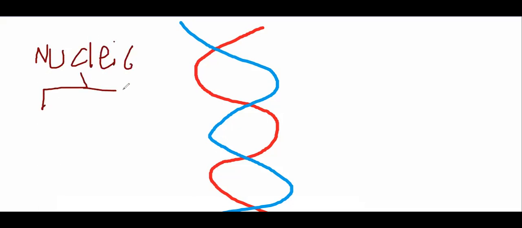Now we can look into the details of the molecular structure of DNA. Before going into the structure of the DNA, let us know what this DNA is. Nucleic acid is divided into two types, DNA and RNA.